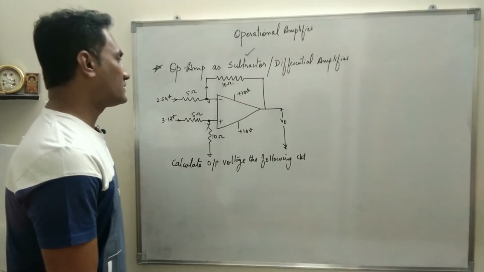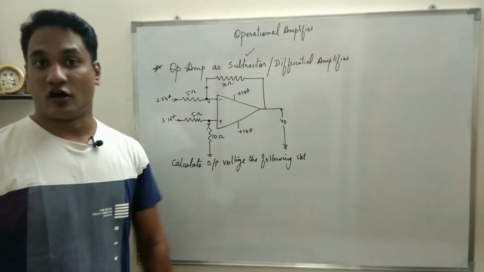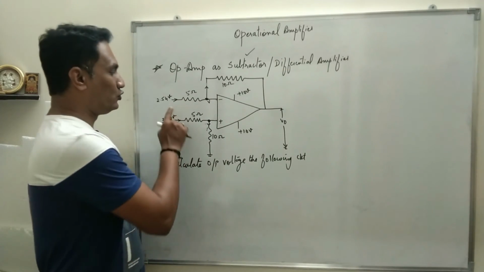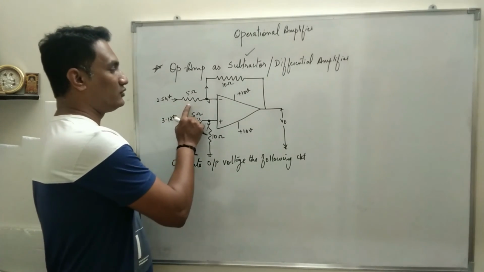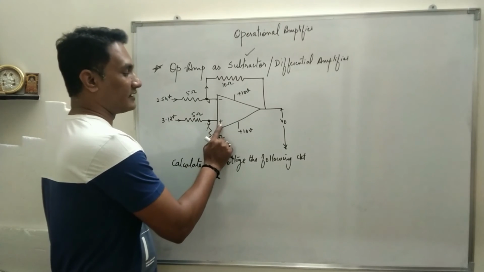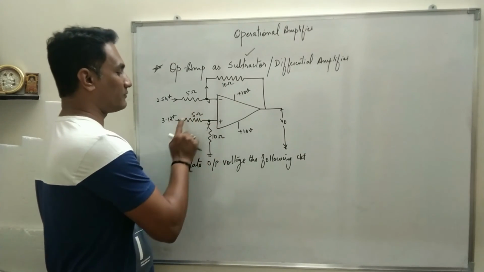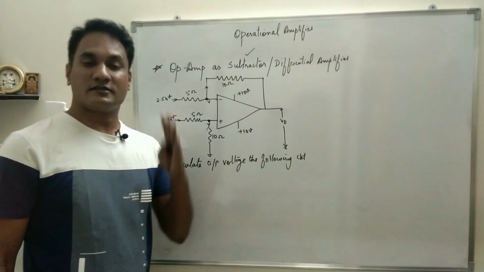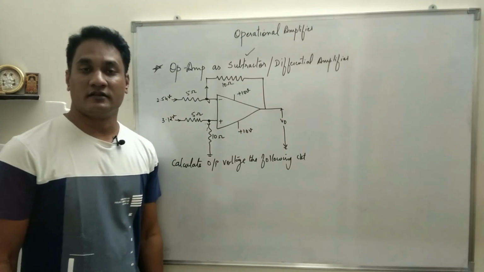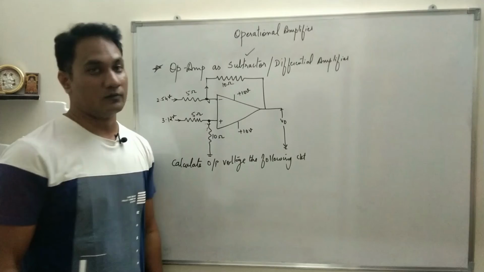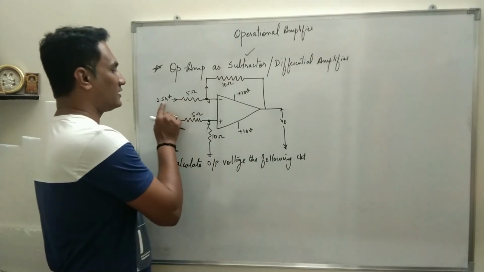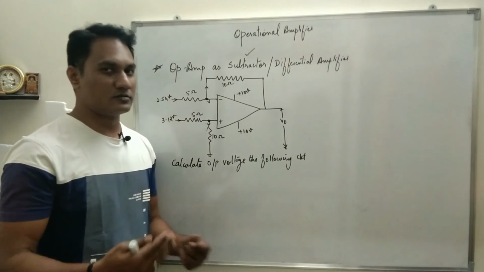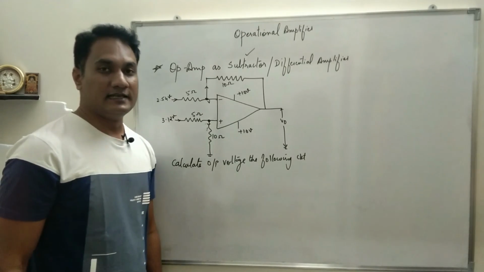Of course I have clearly mentioned here it is an op amp as subtractor, but there is a very easy way to identify it: two inputs are provided to two different terminals. In all other applications, the op amp is working either in inverting mode or in non-inverting mode, but in op amp as subtractor, two different inputs are provided to two different terminals. So that is how you can easily identify.